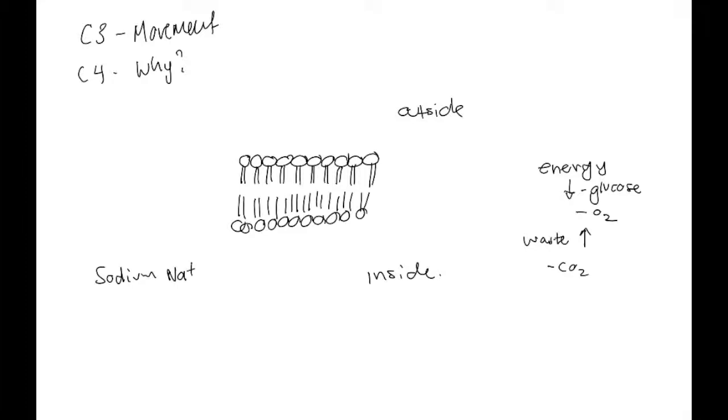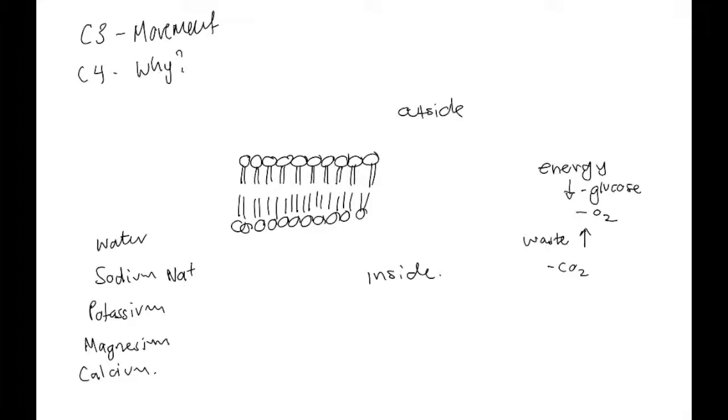We need potassium at different concentrations inside and out. Magnesium. Calcium. We need water to be controlled. And we need some of those other things like oxygen and glucose, like we've already mentioned.